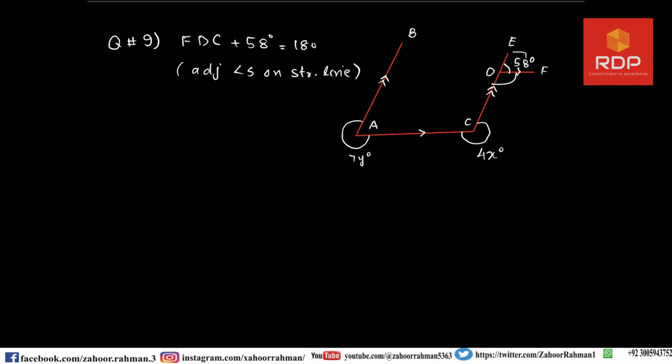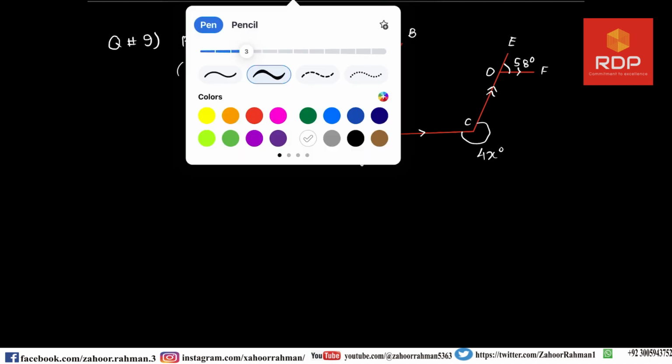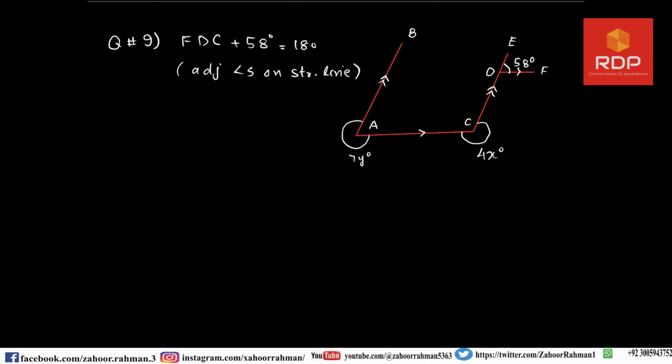The sum of both of them will be equal to 180. So ladies and gentlemen, we are going to find FDC here, and we will shift this to the other side, and when we calculate it we will have 122 degrees.